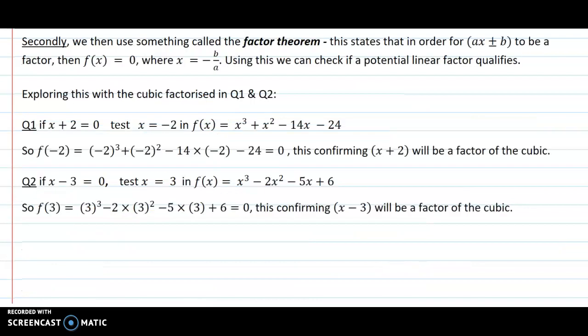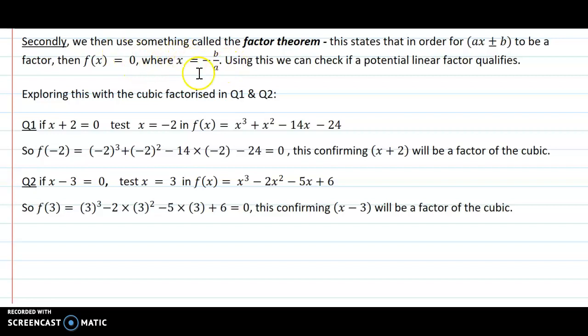Secondly, from there, we use something called the factor theorem, which states that in order for the factor we've identified to be a factor, if I was to sub it into the function, I'd end up with an overall value of 0.